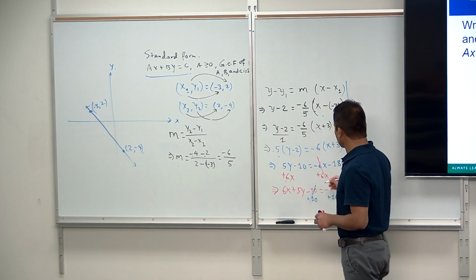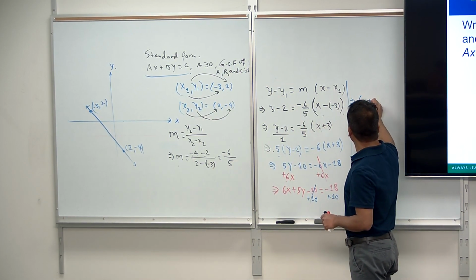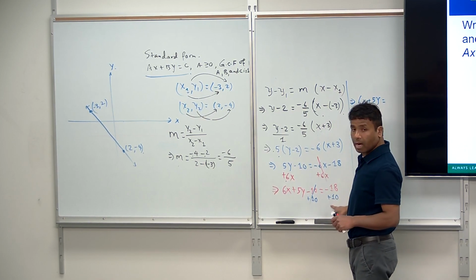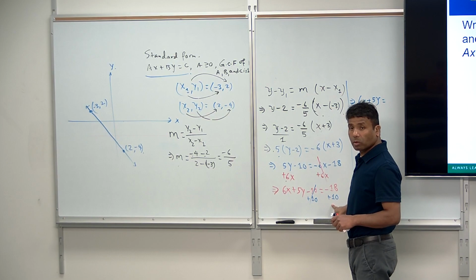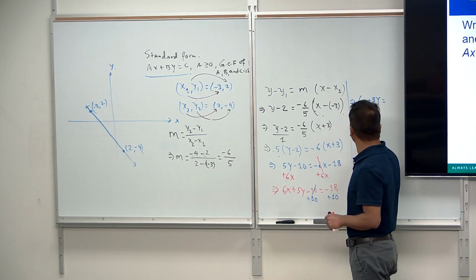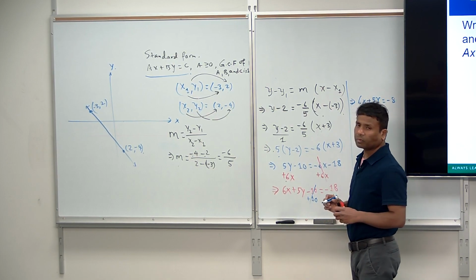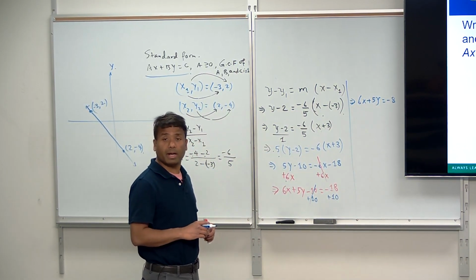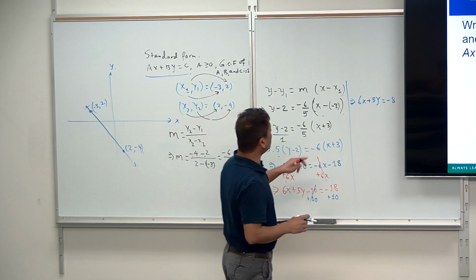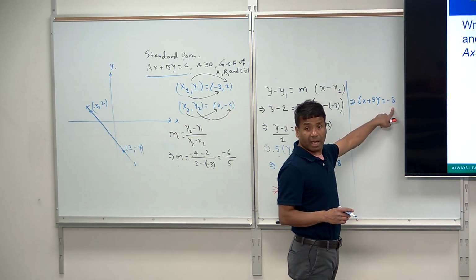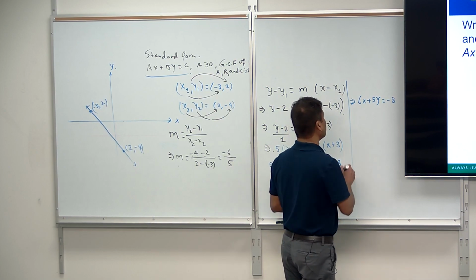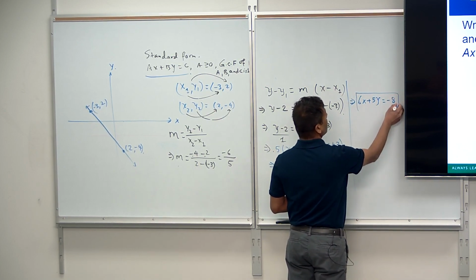So you'll have 6x plus 5y equals negative 18 plus 10. What is negative 18 plus 10? Negative 8. And the greatest common factor of 6, 5, and negative 8 is 1, so this is a standard form.